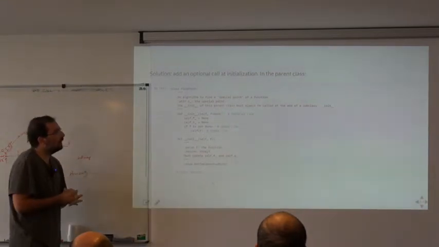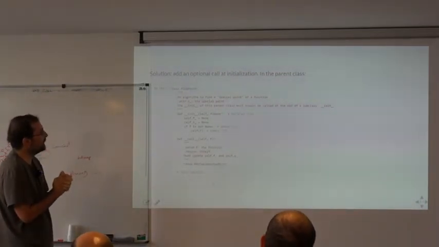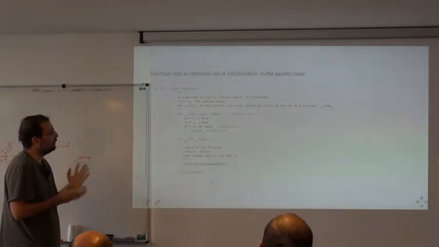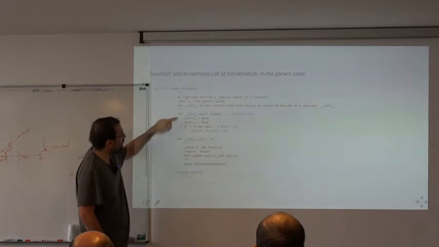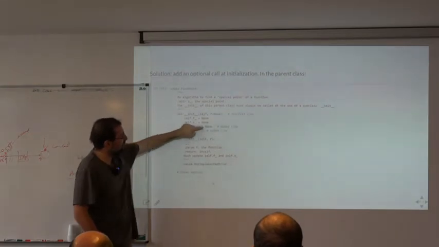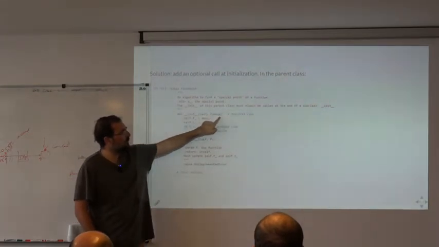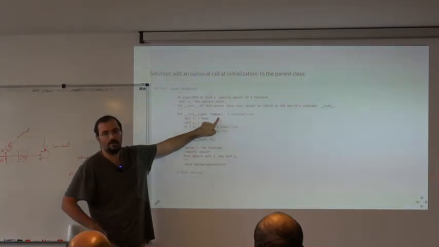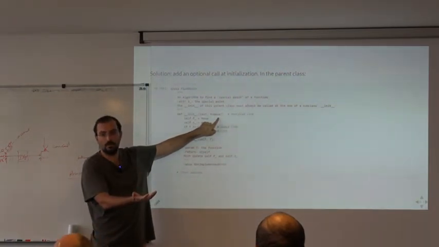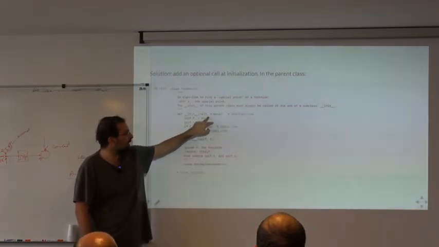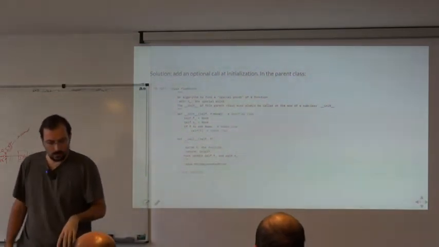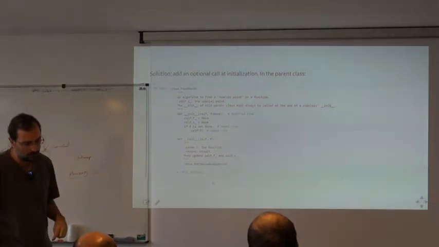So what you can do for this is to create an optional call at initialization. In the init, you will add the option of entering some of the arguments directly. Here the argument is f, so I add an optional argument f in the init.